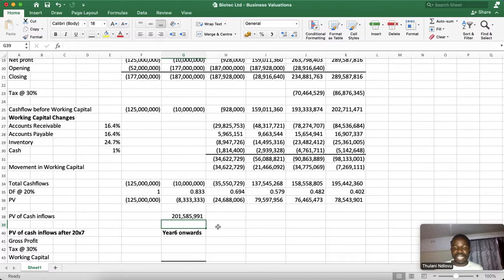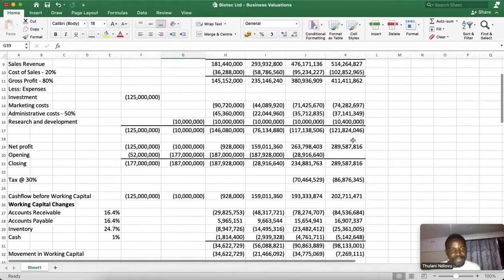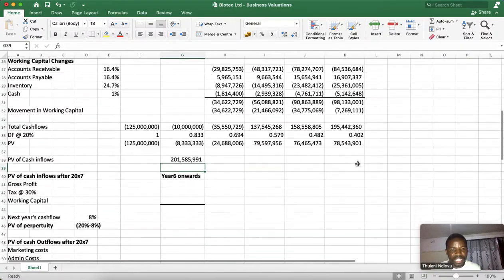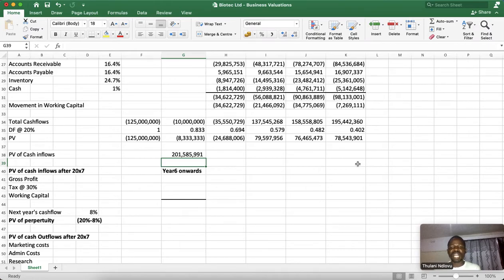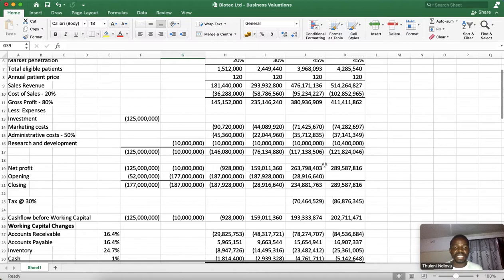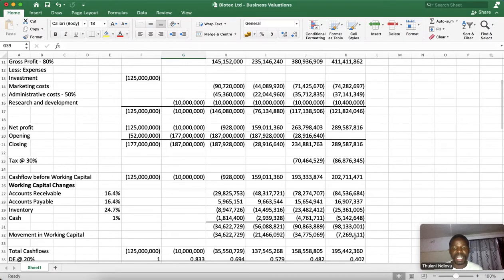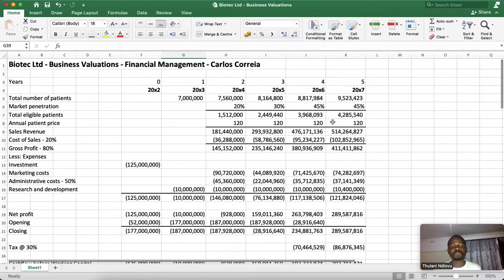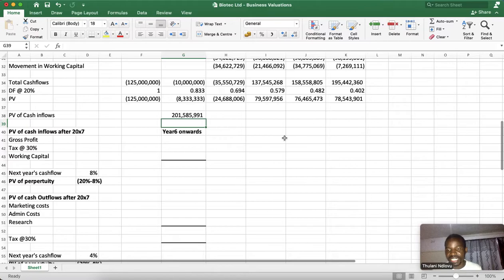We'll have that figure. Then after year 5, which is 20x7, the cash flows after 20x7 will now be a growing perpetuity. So the challenge here is the incomes and also the working capital are growing at 8%, but the expenses are growing at 4%. So we'll have to split them.